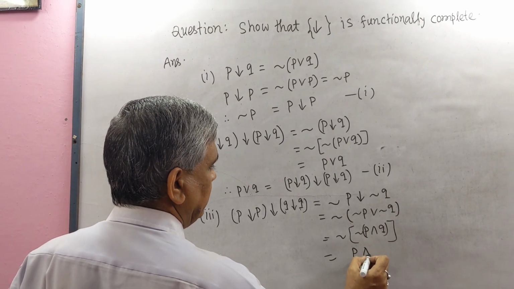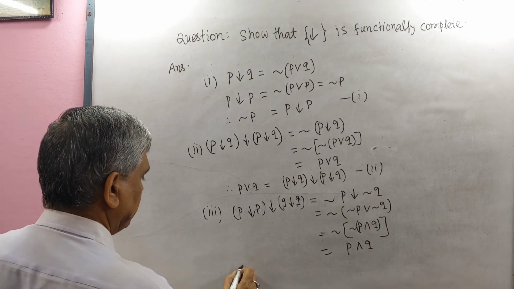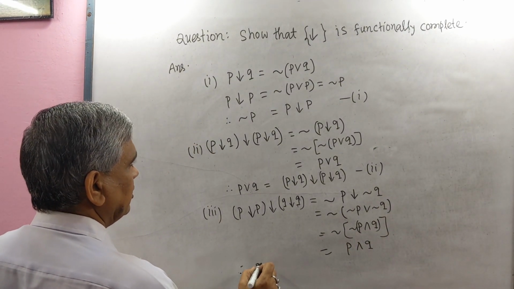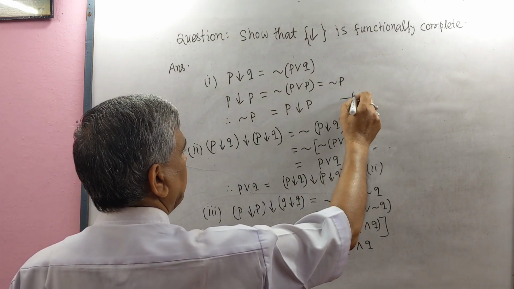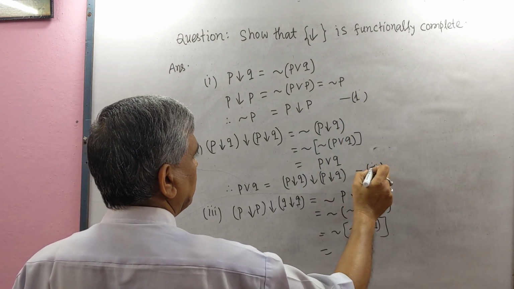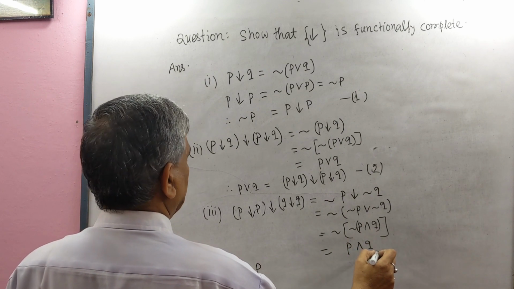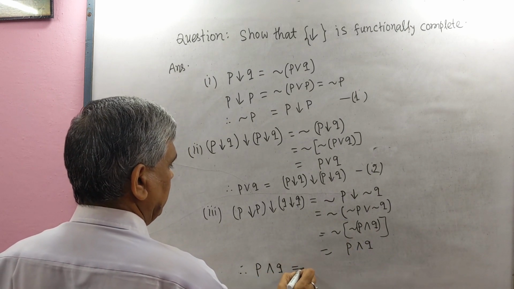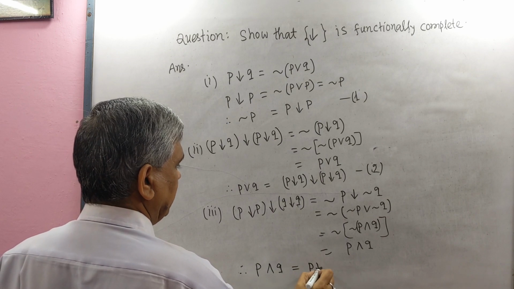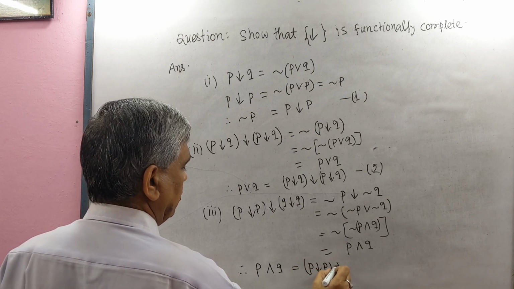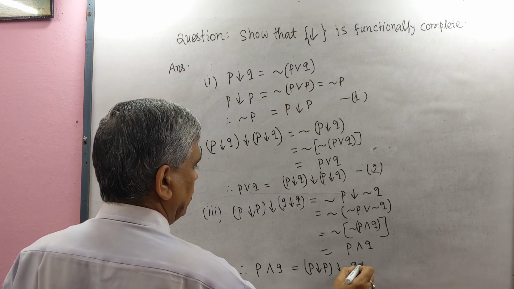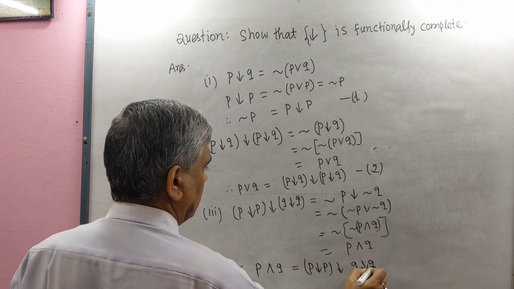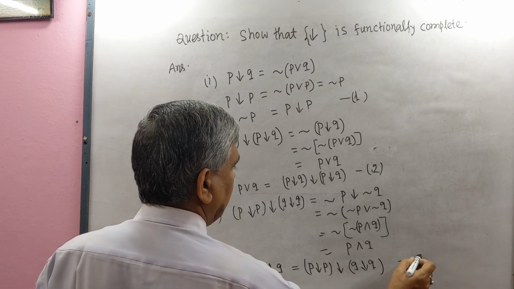So we get P conjunction Q. Therefore P conjunction Q equals P NOR P, NOR Q NOR Q. This is number 3.